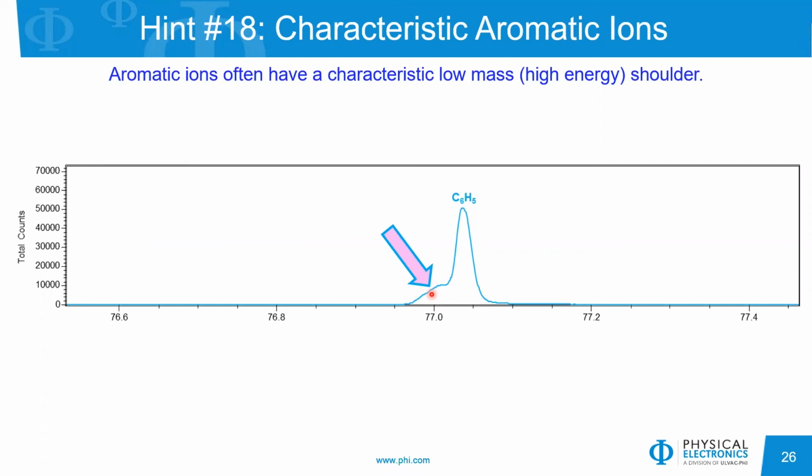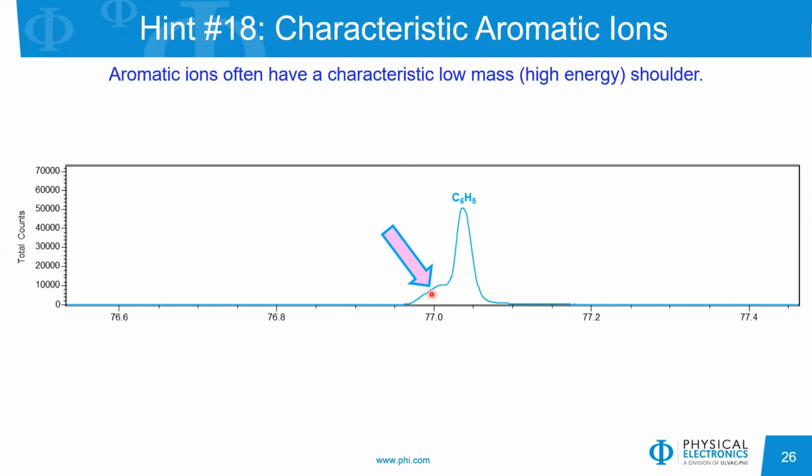The reason that I bring these two examples up, the high mass shoulder for the silicones and the low mass shoulder for some of the characteristic aromatic ions, is because if you're looking at these and trying to optimize your sample bias for an insulating specimen, you might say that your sample bias isn't quite correct.